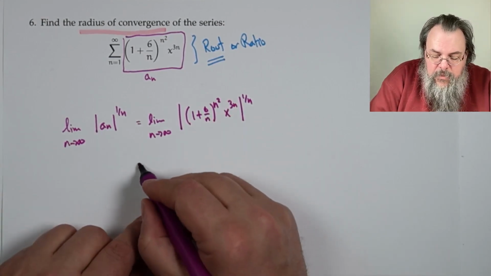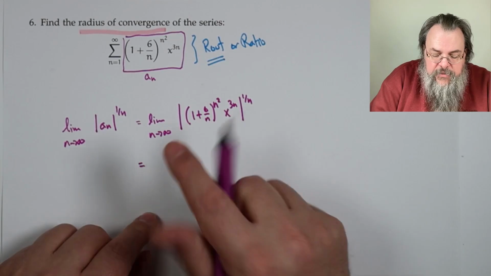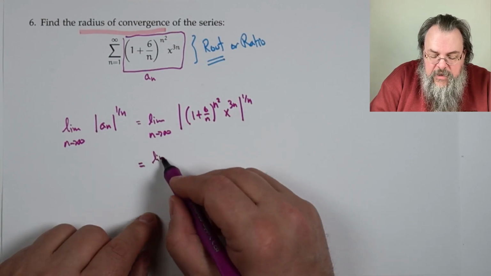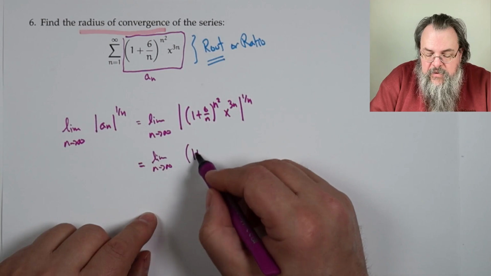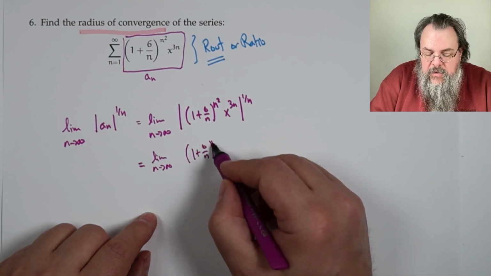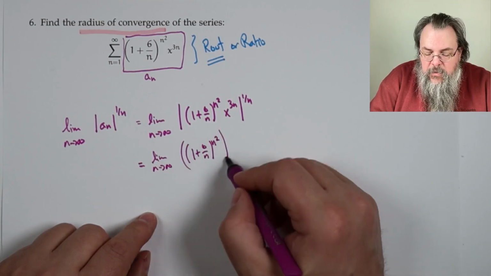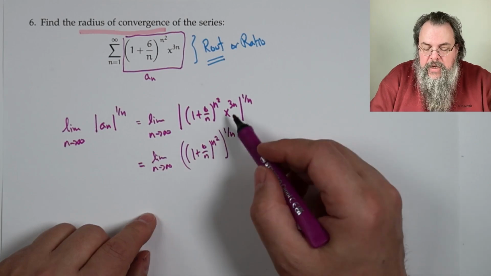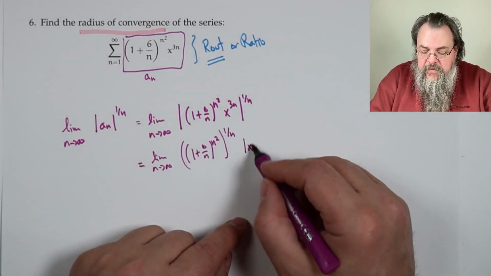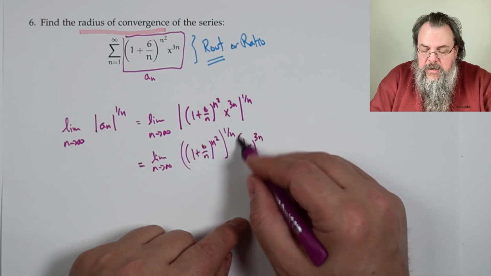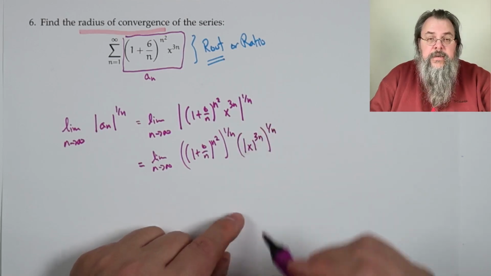Also note this is a positive thing, so the absolute values aren't needed. So this is the limit as n goes to infinity of (1 plus 6 over n) to the n squared, to the 1 over n. And here, we push the absolute values in. This becomes the absolute value of x to the 3n, to the 1 over n.